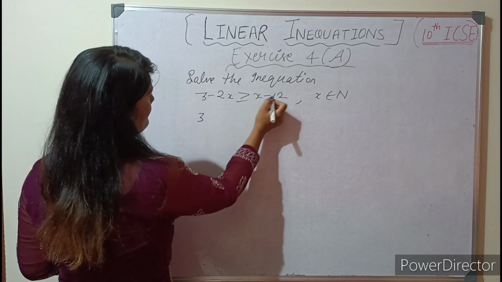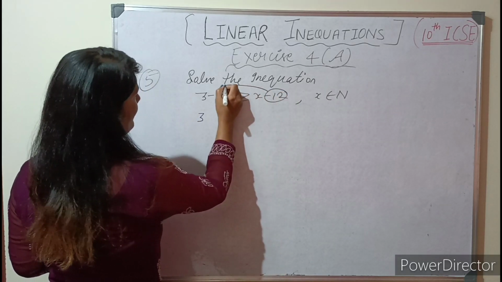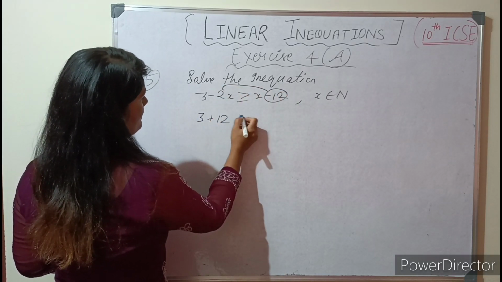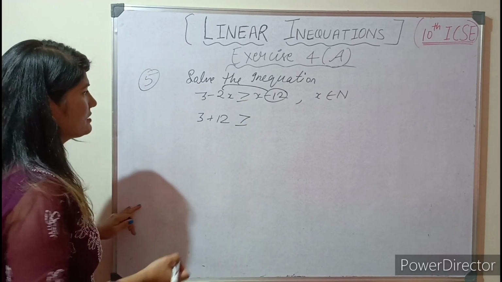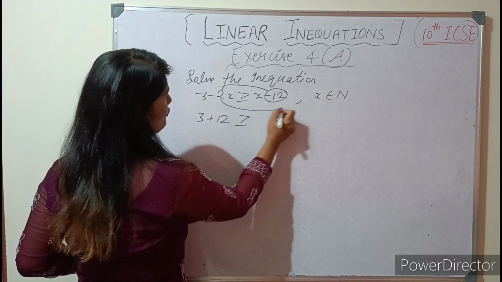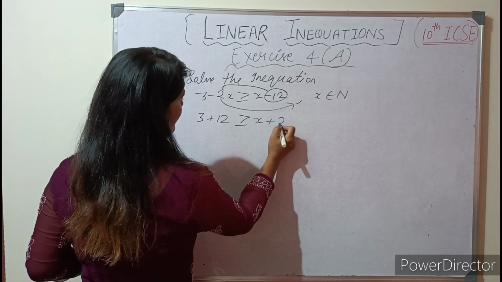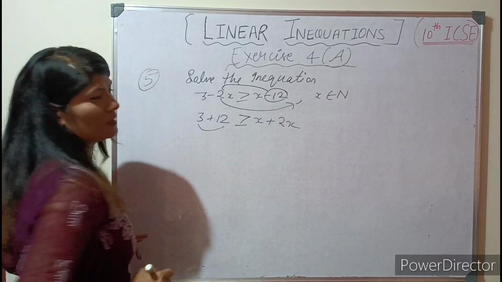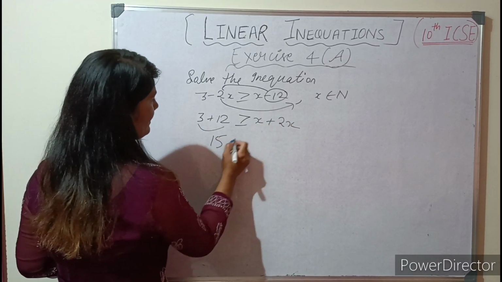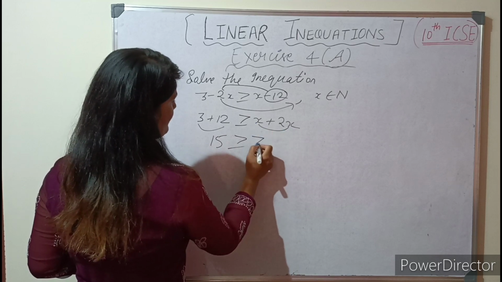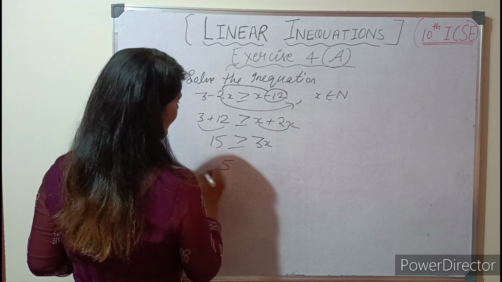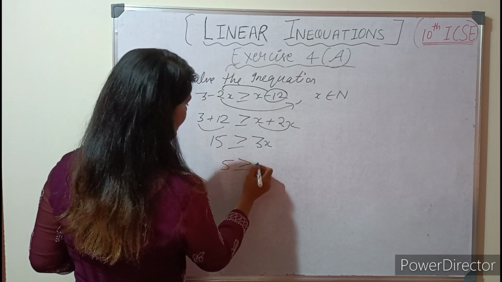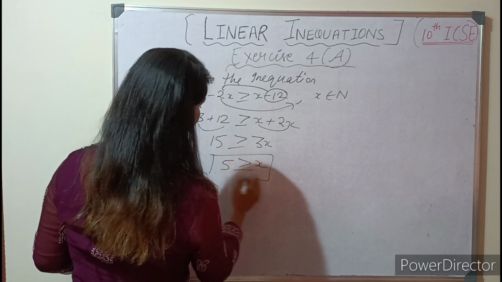This is 3, this minus 12 will come this side, it becomes plus, the sign will be same as it is, and this minus 2x will go to the other side, this is x plus 2x. So 3 plus 12, this is 15, and 2x plus x, this is 3x. So here the value of x is less than or equals to 5.